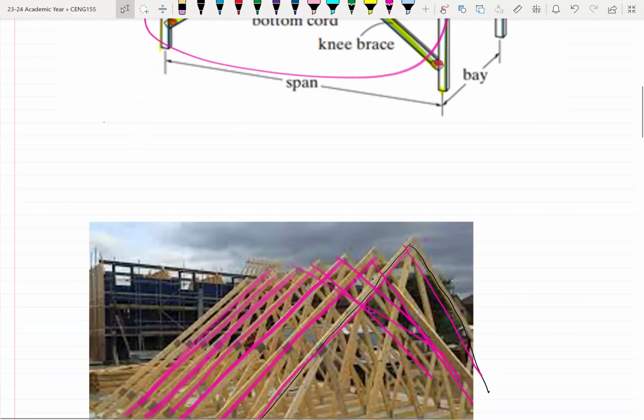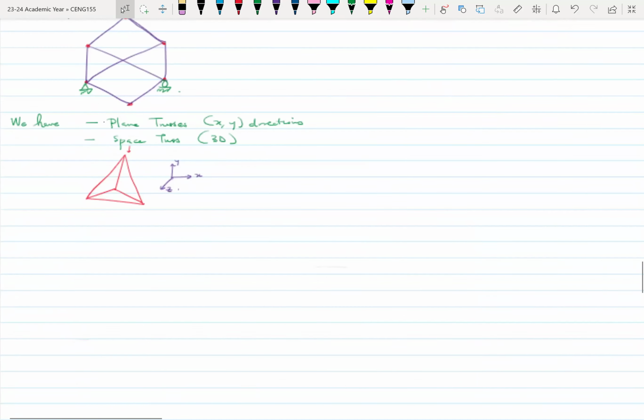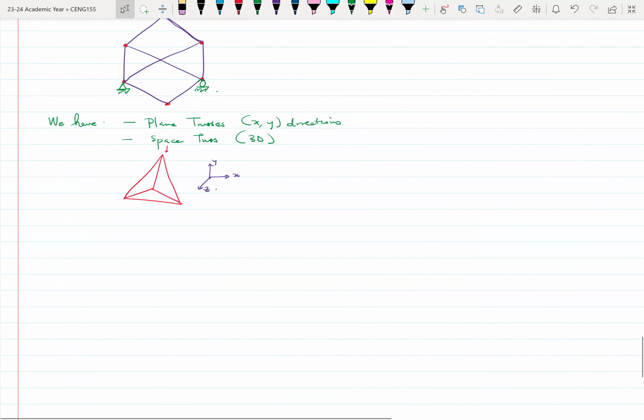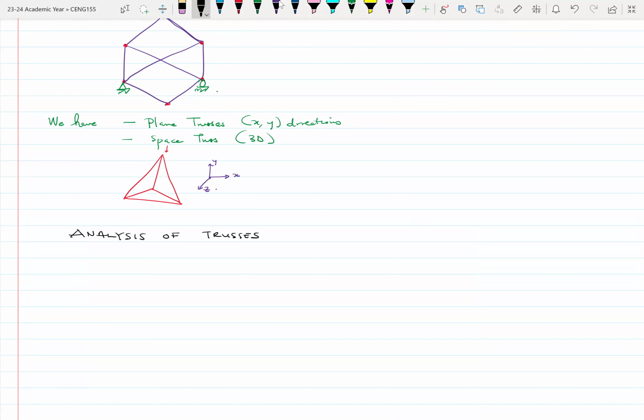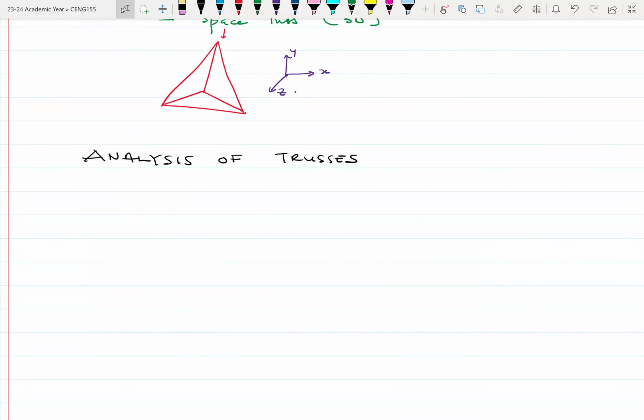So let's look at the analysis of pin jointed frames. There are a few things we need to focus on. In the analysis of trusses, we make some assumptions.